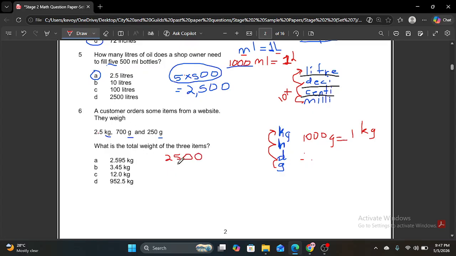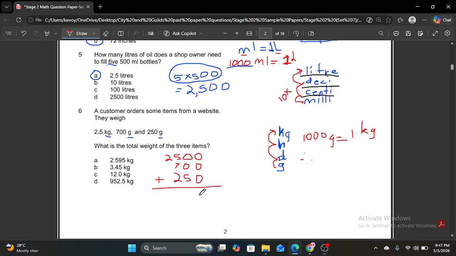Then we add our 700 grams, and lastly we add our 250 grams. So we're just going to add everything together.